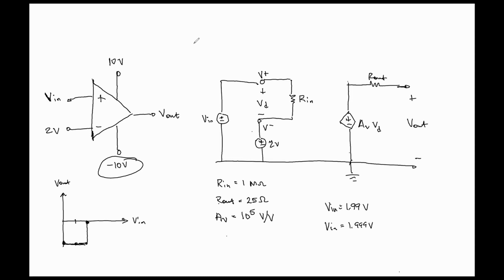Sorry, can you repeat that? Sure. If VN were 2.001 volts, what would we expect our output voltage to be? Oh, positive 10. Right. So it's going to swing up. Same thing on the other side. Yep. So it's going to jump up to positive 10.